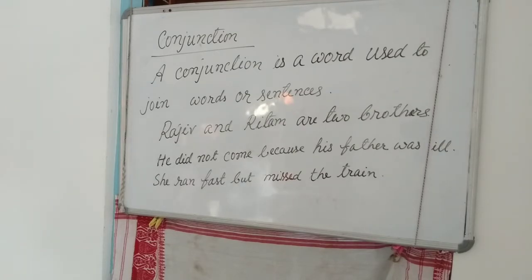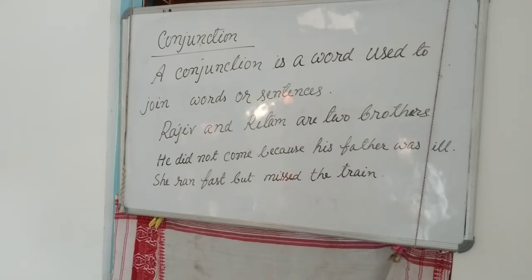Let's come to the following examples. Rajiv and Ritam are two brothers. Here, two nouns are joined by and. This is a conjunction. The conjunction and joins two nouns, Rajiv and Ritam.